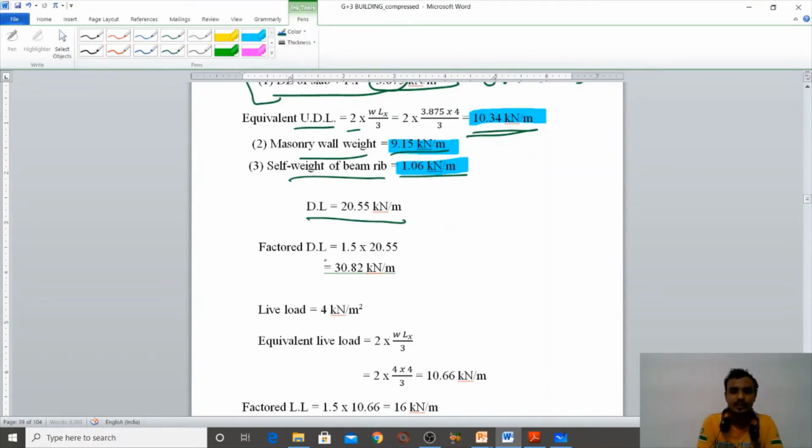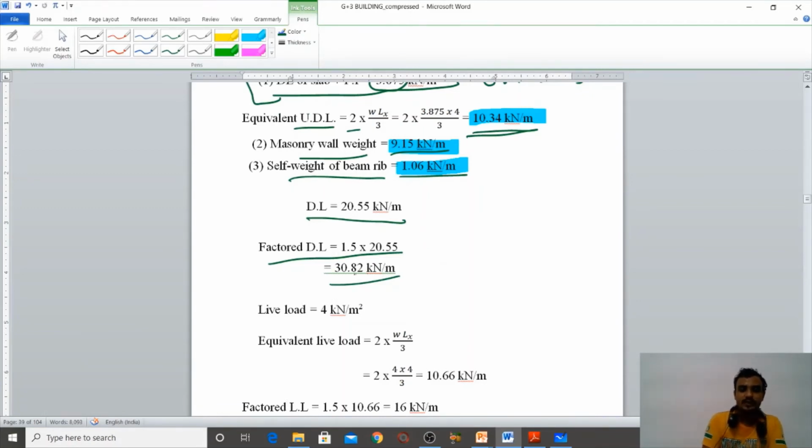Then the factored dead load is 1.5 into 20.55, which is 30.82 kN per meter. This is the total factored dead load on beam number 19.